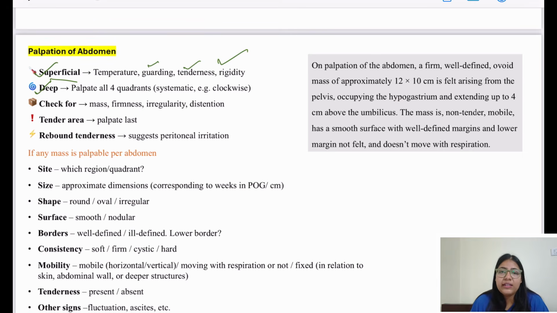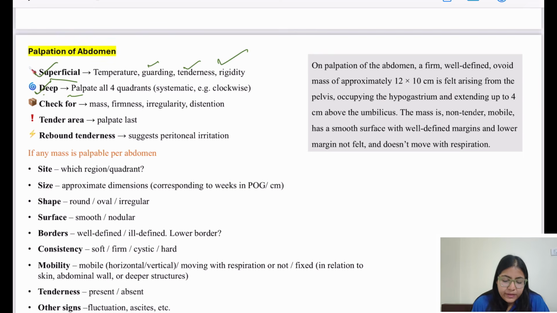So while checking tenderness, you need to talk to the patient, you need to divert her mind so that there is no false wincing on superficial palpation. So you need to divert the mind of the patient while checking for tenderness. And then you check for guarding. So what is guarding? When you try to palpate, patient will tighten her abdomen, and rigidity also.